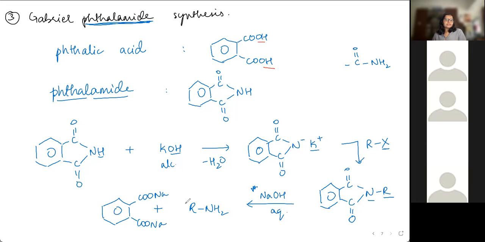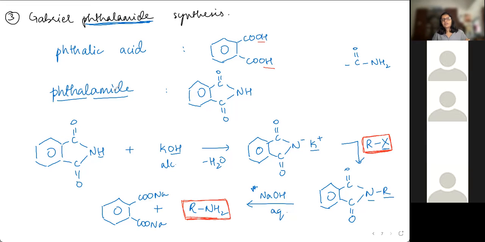So the key point is, depending on what amine you want, you have to use the correct alkyl halide over here. This is what is going to give you the alkyl group of your final amine. In the Gabriel phthalimide synthesis, phthalimide basically acts as a reagent.